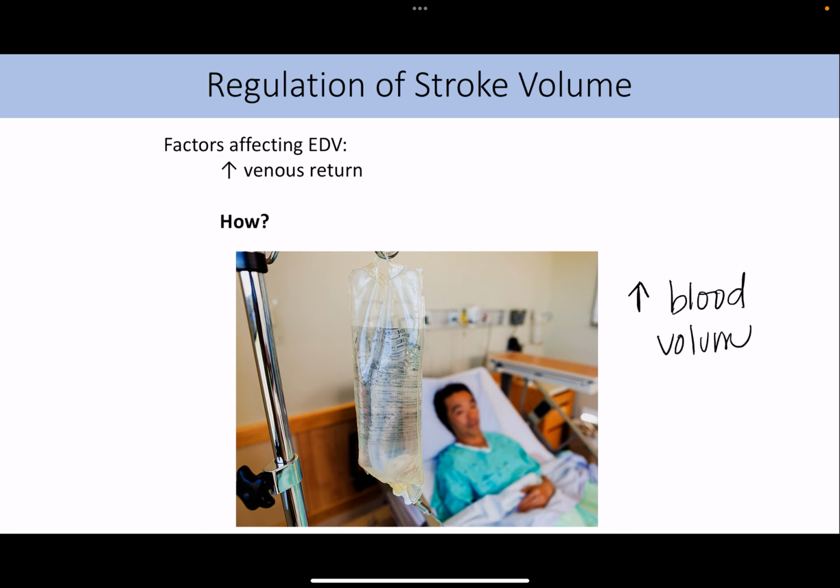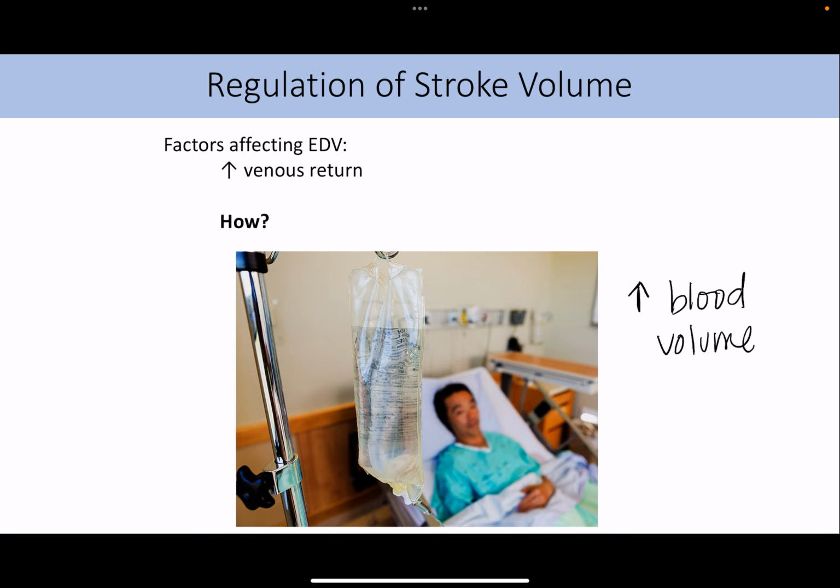So we can increase venous return by exercising, by elevating the legs above the level of the heart, and by increasing blood volume through an IV. Questions about that? Okay.